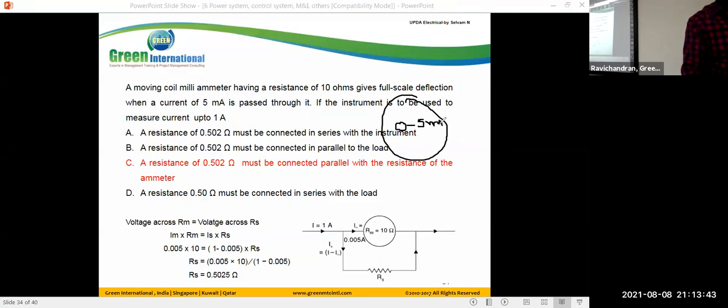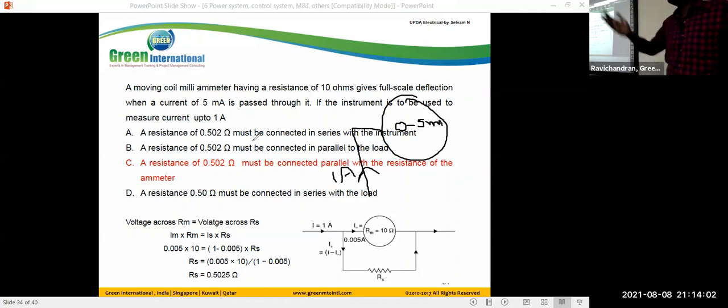This 0 to 5 milliamps meter is to be used to measure 1 amp. We need to use this meter to measure 1 amp. Whether we can use it, because we already said full scale deflection is 5 milliamps. If we give more current, what will happen? The needle will go to the extreme right and break.